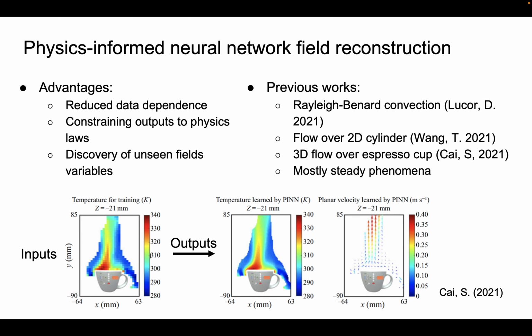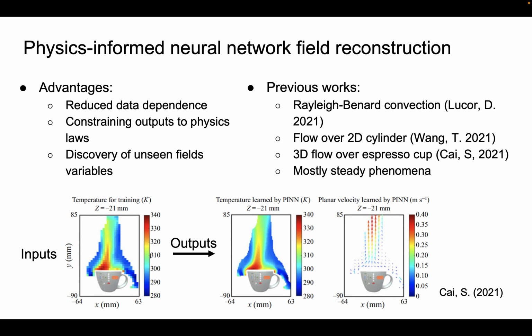Okay. And lastly, we can also discover unseen fields. So what does this mean? When we build our PINN, we have the set of inputs, so that being spatial and temporal coordinates, and then our outputs can be basically whatever fields that we want to reconstruct. So in our case, maybe we look at pressure, temperature, and velocity, right?